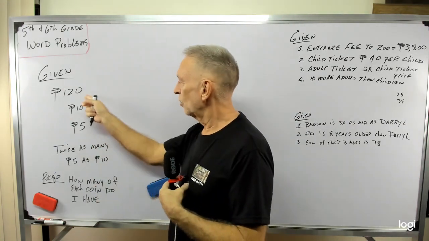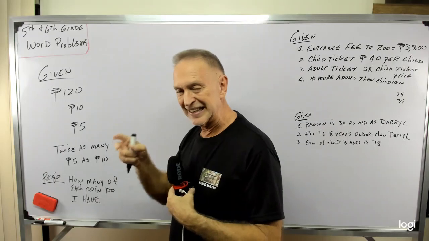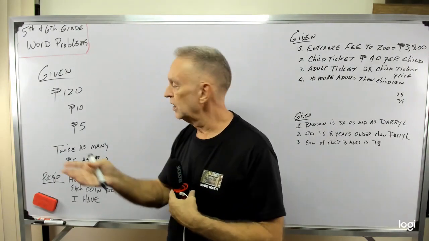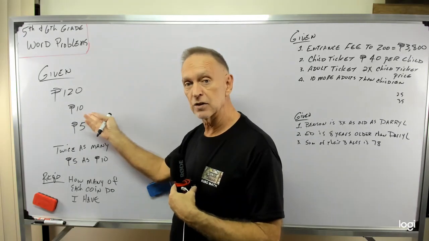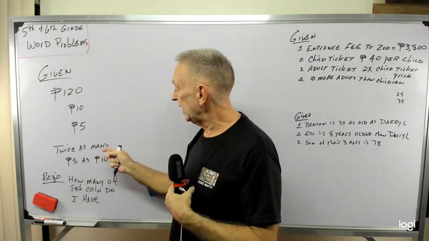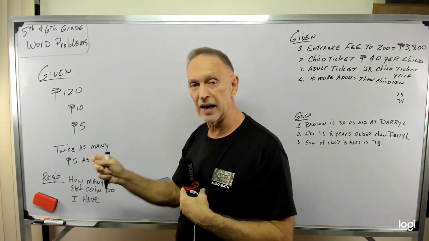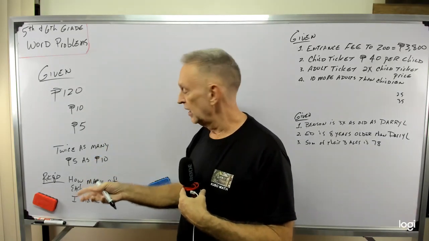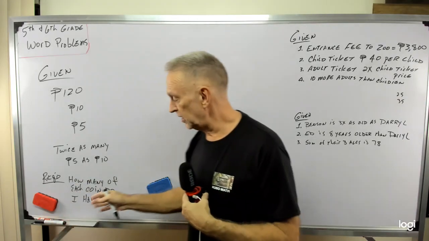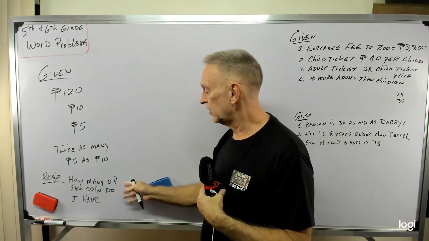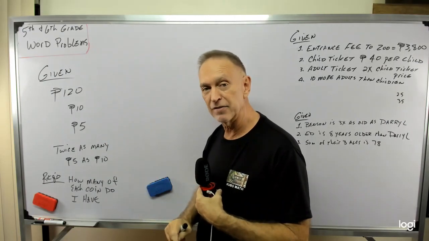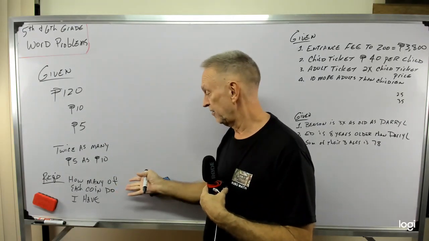It consisted of 2 different types of coins. He had some 10s and he had some 5s. Now, he had twice as many 5 peso coins as he did 10s. So the question we're trying to solve is how many of each coin did he have?